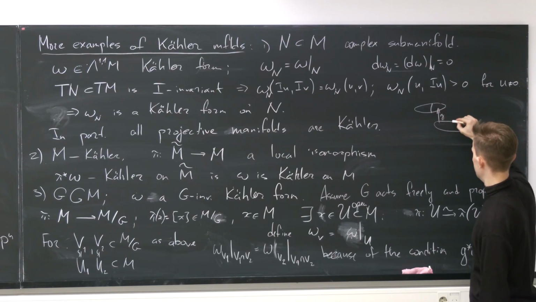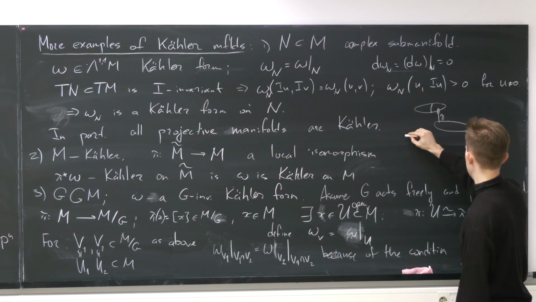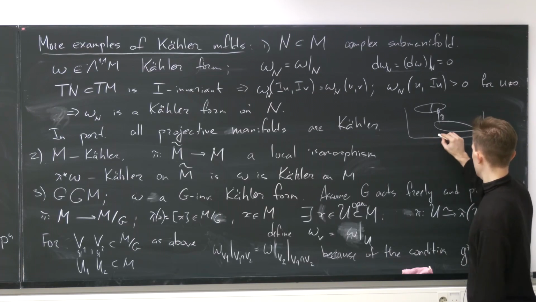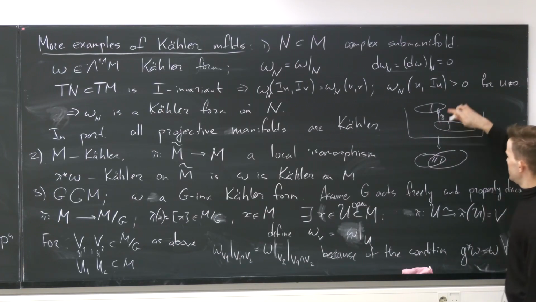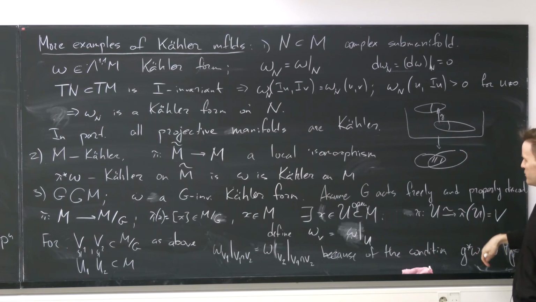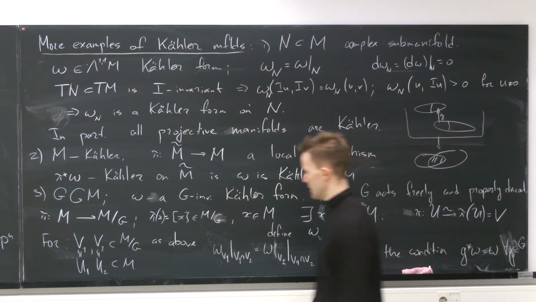The two of them map to the quotient, and here in the quotient they already intersect, but here they may not intersect, but then I can apply the G action, and when I go from one to the other by the G action, the form does not change, so the corresponding forms on V1 and V2 coincide.